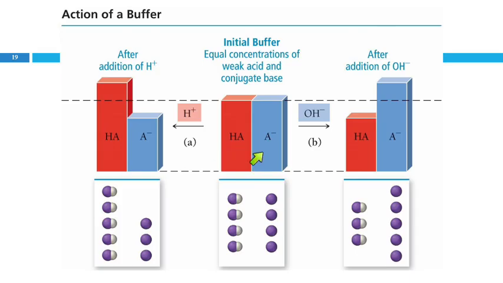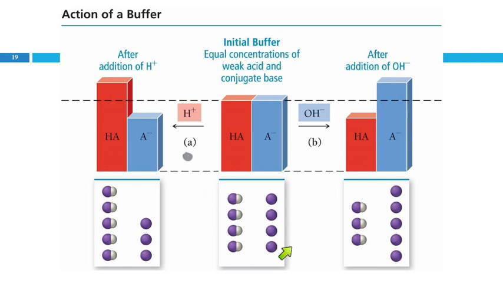So here we have in the middle equal amounts of the weak acid and its conjugate base. And here they are depicted as little circles. So if I add acid to this, their hydrogen is kind of grayish, right?